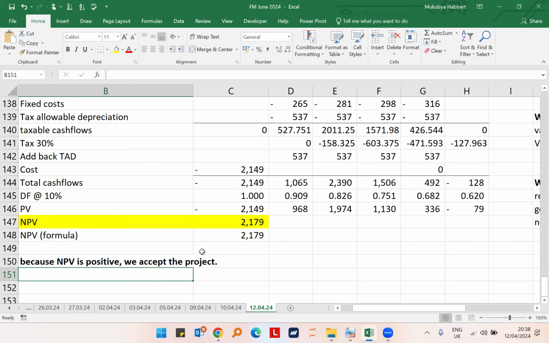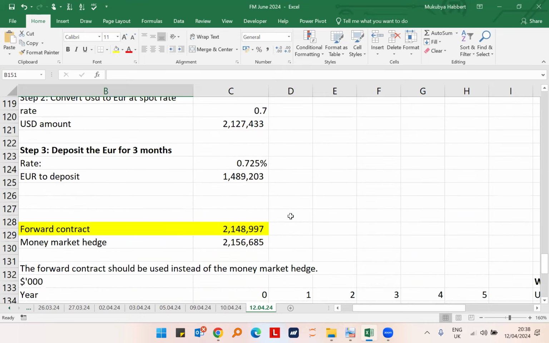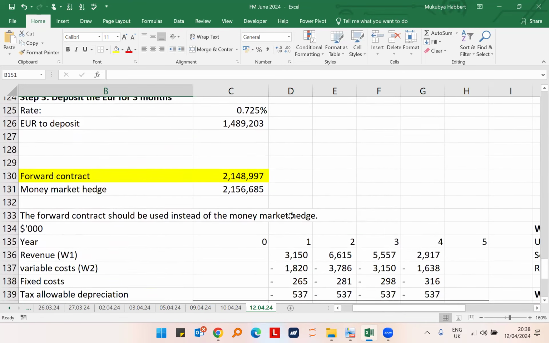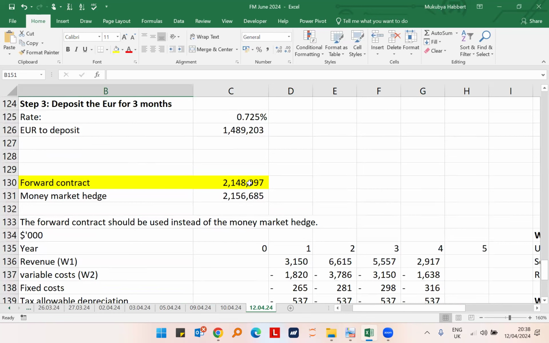You see, I hear what you're saying about the fact that they are mixing questions, but you have to realize that ACCA can mix questions, and especially when you go to advanced level, they mix different topics together, because the only thing that has changed from the NPV we have been doing before is that we have to first do the forward rate and money market hedge to pick a figure to use in our NPV calculations.